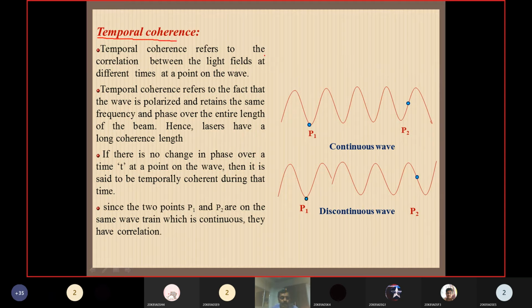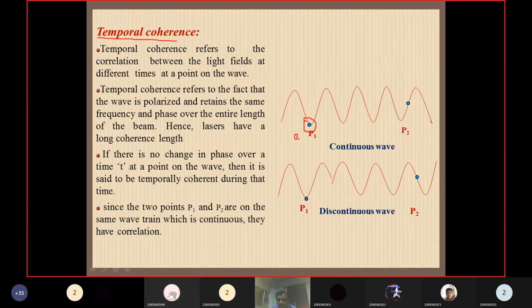Temporal coherence refers to the correlation between the light fields at different times at a point on the wave. So if you observe the different times, this is one wave I am taking at one point at different times. What is the phase difference between them? Suppose I take 0 seconds.